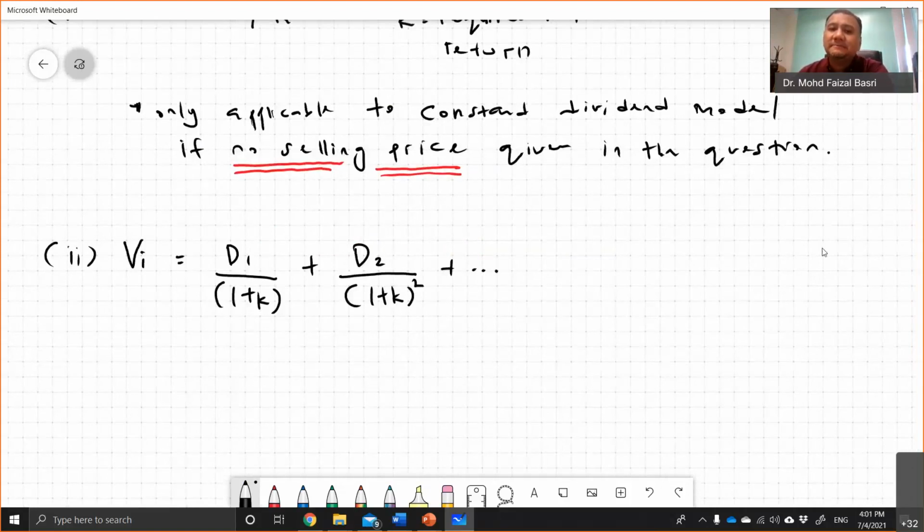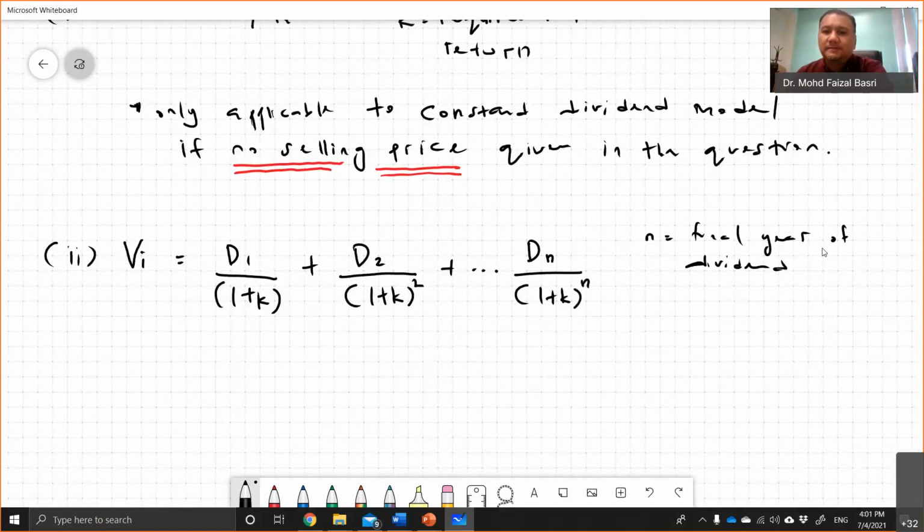I end it with n to represent the final year, Dn divided by 1 plus K to the power of n.